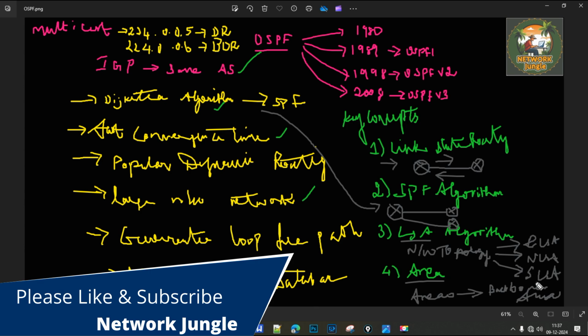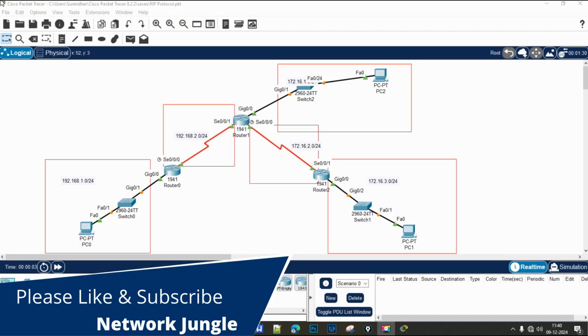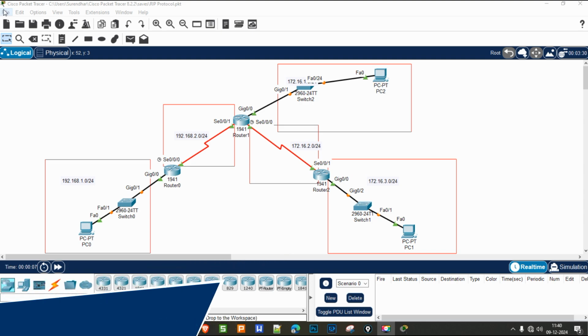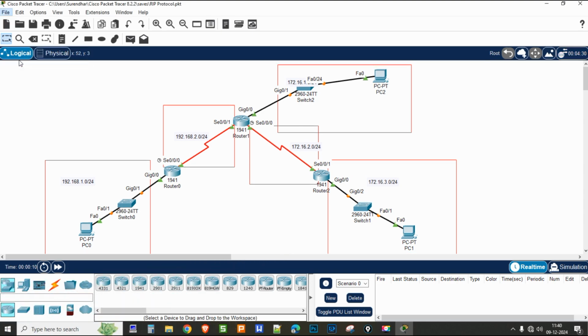Let's see the configuration for single area OSPF. OSPF uses protocol number 89. Here I am using the same topology from the previous protocol configuration, and I will save it as OSPF.